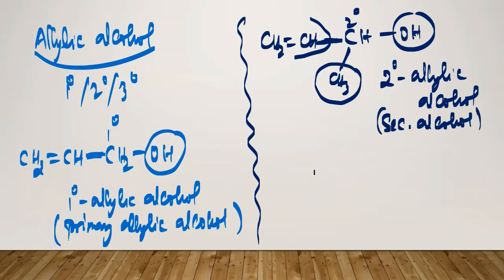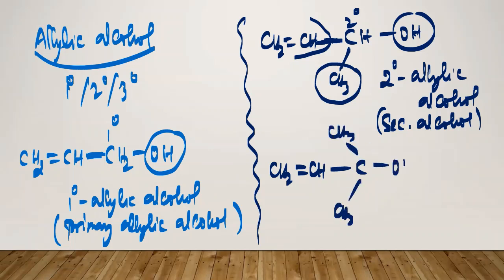Now let us look at the tertiary allylic alcohol, or 3 degree allylic alcohol. That will be CH2, CH, single bond C, CH3, CH3 and OH. Now you can yourself understand that this is our 3 degree allylic alcohol, because the OH group is attached to a 3 degree carbon, which is directly attached to 3 other carbons.